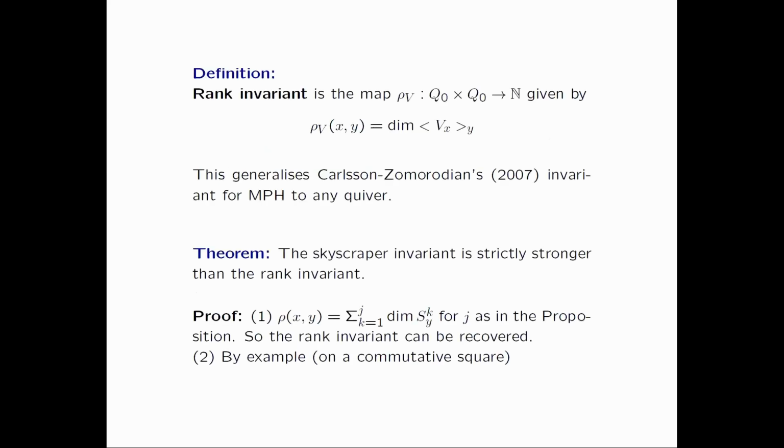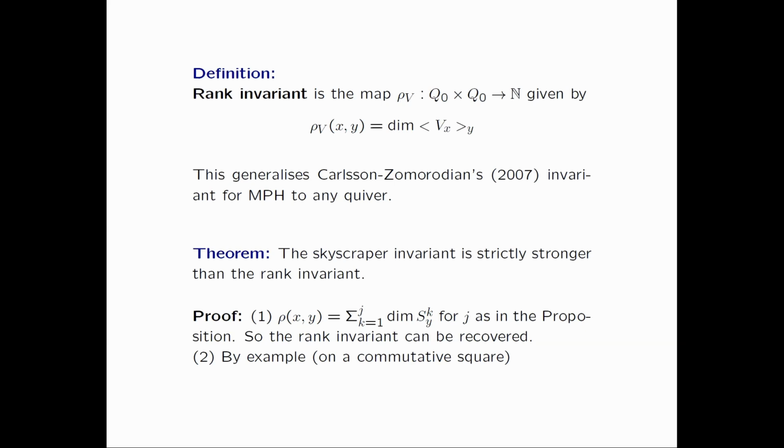So the rank invariant is one that was actually defined right at the beginning by Carlsson and Zomorodian in 2007 when they started the study of multiparameter persistence homology. And they define, well, okay, at least let's do something very simple. Given any two vertices, I can understand what happens to the image. I just want to understand the rank of that image now.